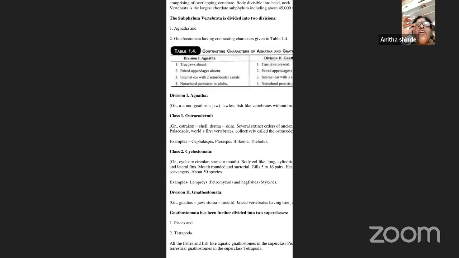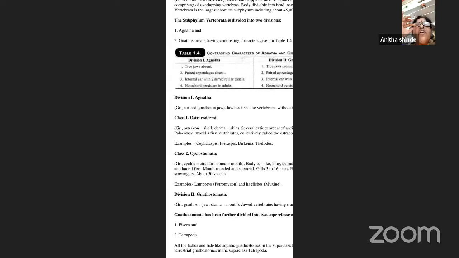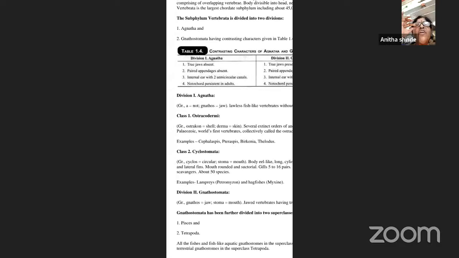Then the second class is what? Cyclostomata. Cyclos means circular and stoma means mouth. Here the presence of a circular mouth is there. The body is long and cylindrical, the skin is smooth without scales, and the jaws as well as lateral fins are absent. The mouth is rounded and suctorial. Five to sixteen pairs of gills are present.